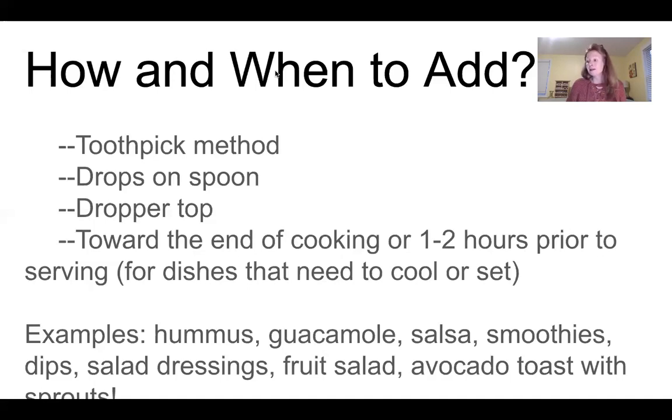If you're doing something like a hummus or a guacamole, you can add the oils in and stir it up an hour or 2 before you serve it. So that's the rule of thumb: either towards the end of cooking, or for items that you can stir or that set, you can add it 1 to 2 hours before serving.